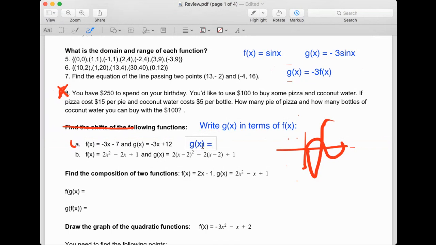So that's negative 3x we have already, and we need a negative 7, but we have 12 in g. So if we make negative 7, that means we have to add 7, then plus 12. Plus 7 plus 12, that's plus 19.